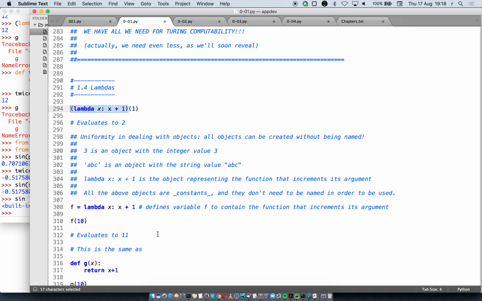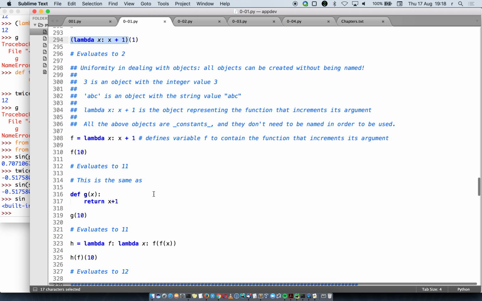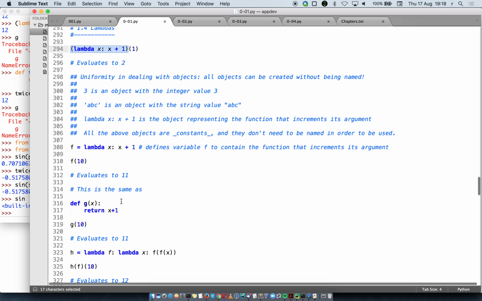So notice, at least for the time being, we're going to see some differences between lambda and def later, but for the time being, this lambda that you see here highlighted and this definition are pretty much the same thing, right?